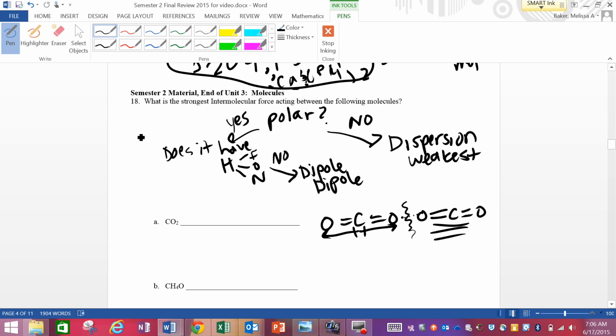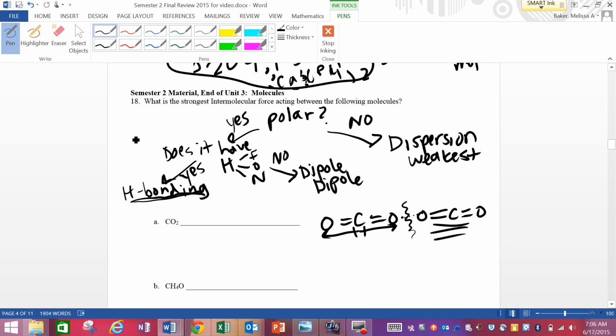We'll see an example of that in a second. If it does have a hydrogen directly bonded to a fluorine, an oxygen, or a nitrogen, it has the strongest intermolecular forces. They're called hydrogen bonding forces. These molecules love each other, and they are very hard to separate.